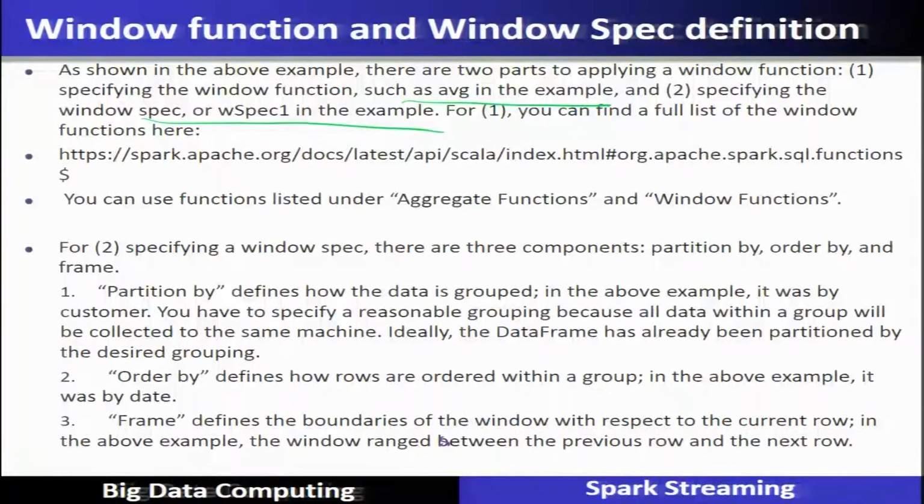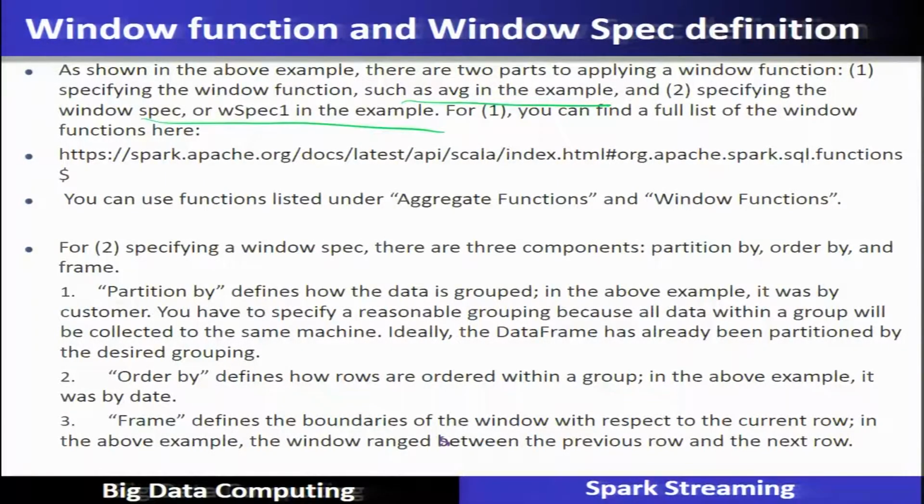When you go for order by, it will define how the rows are ordered within the group. In the above example, it was by the date. Similarly, the frame defines the boundaries of the window with respect to the current row. In the above example, the window ranged between the previous row and the next row.